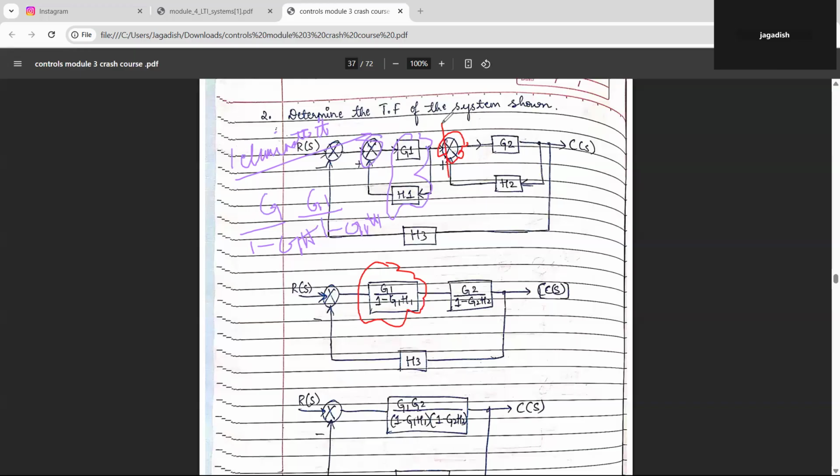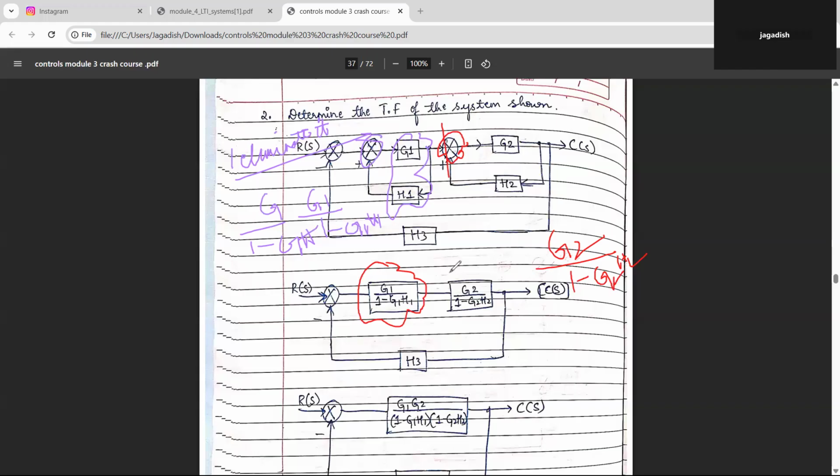So here there's a feedback loop. Don't directly write G2 plus H2. You will lose complete marks. You will get 0. If there is any feedback loop, please eliminate it. So here G2 divided by, I told you whenever there is a positive sign, you have to use negative. G2 divided by 1 minus G2H2.